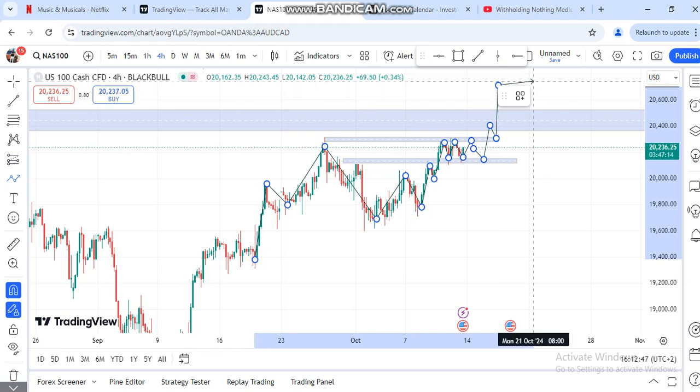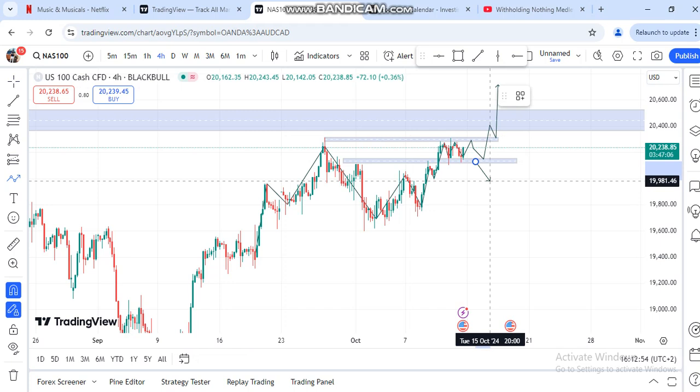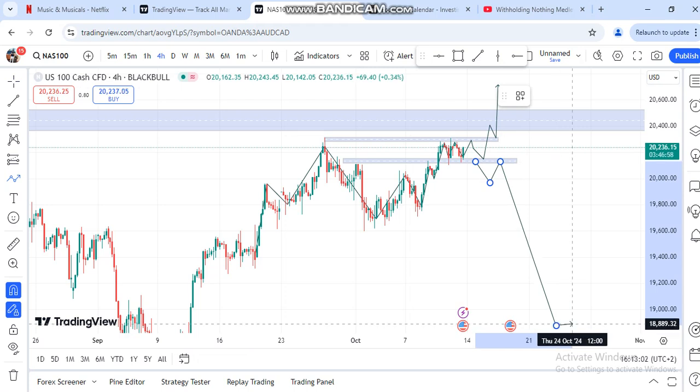That's one thing that I'm seeing. You understand? Or maybe we can do like this, then break out here, come back and make a resistance, then continue to the downside. For now, we are not quite sure of what can happen on Nasdaq.